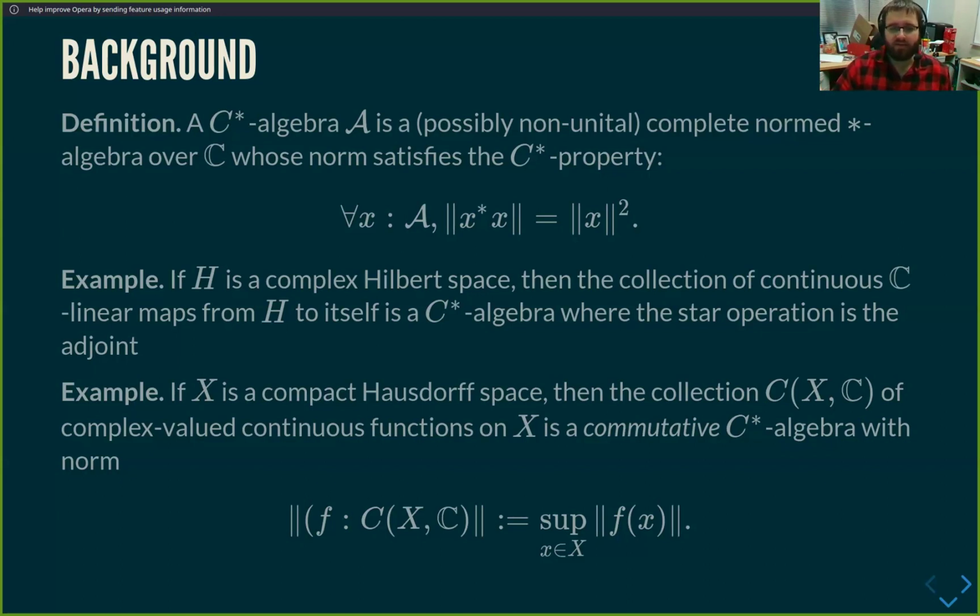Okay, and so you have these two main examples which encapsulate everything. In fact, this identification between commutative C-star algebras and these continuous maps is an equivalence of categories. And so for that reason, oftentimes people refer to C-star algebra theory as non-commutative topology, because in the commutative case, you have this equivalence of categories.